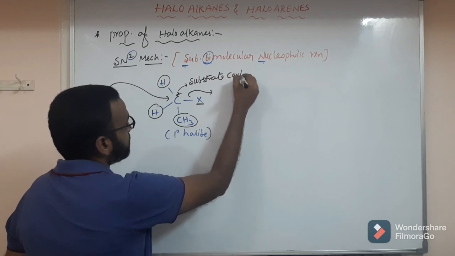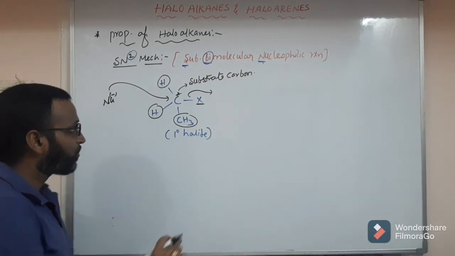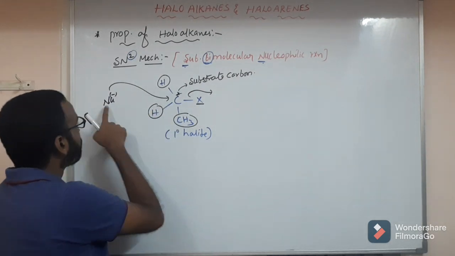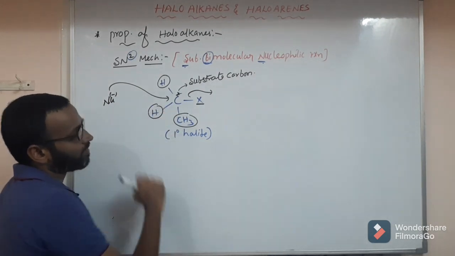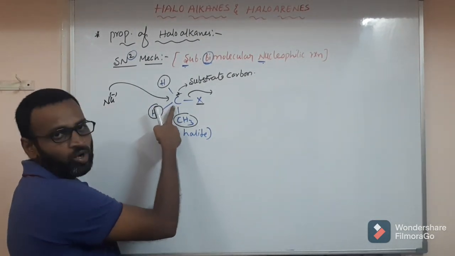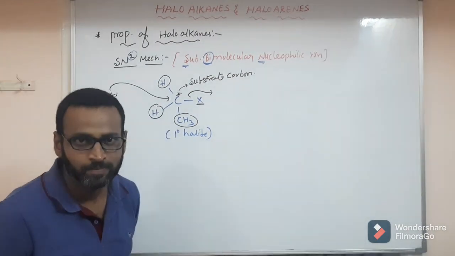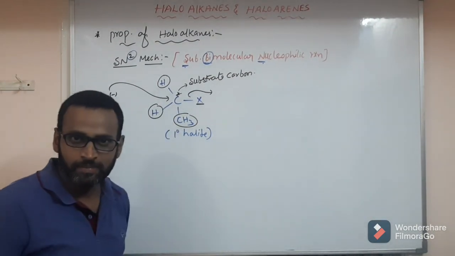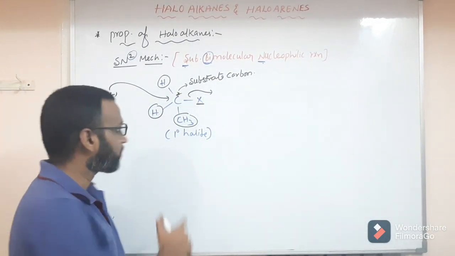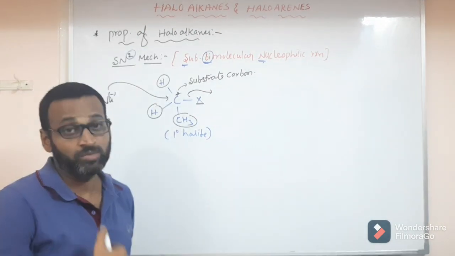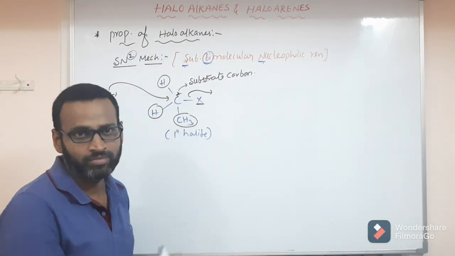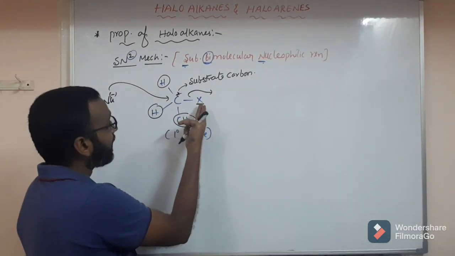The nucleophile is approaching the substrate carbon from the backside. The nucleophile asks this carbon, hey substrate carbon, I will come and I want to form a bond with you. Then the substrate carbon says, Mr. Halogen, I want to form a new bond with Mr. Nucleophile. He is more reactive, so I cannot help you. So please leave, because he is more reactive than you.